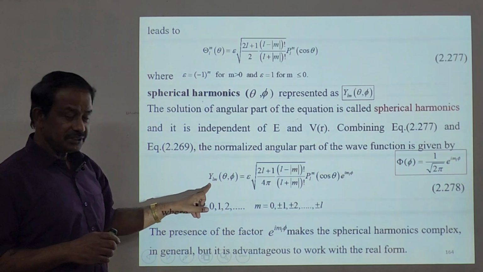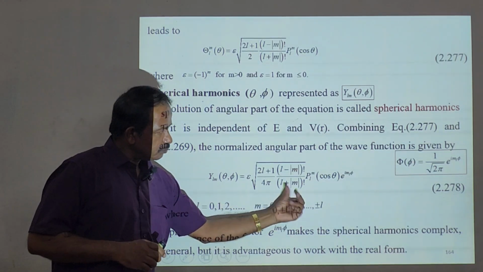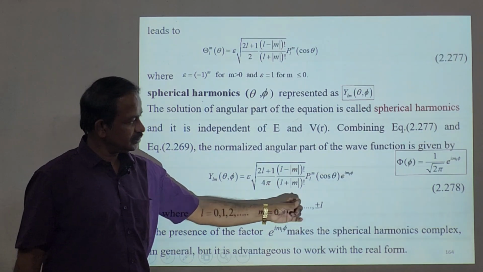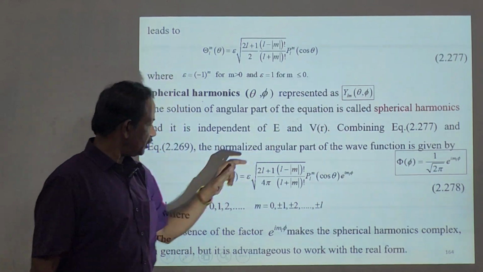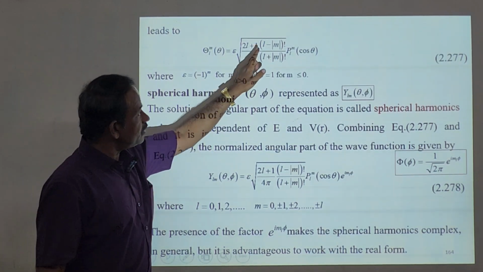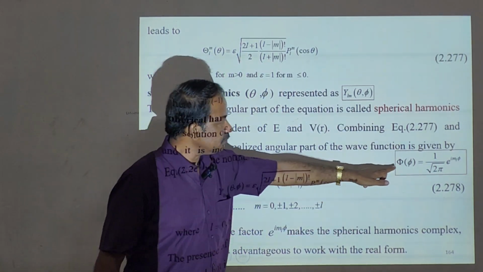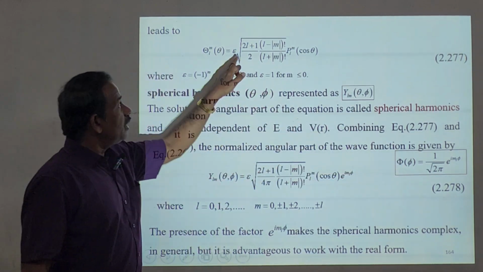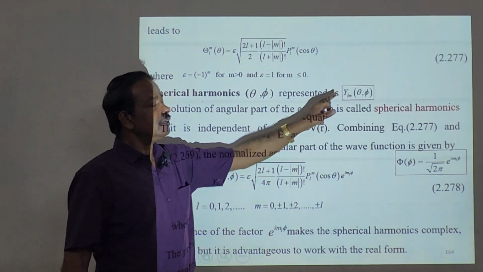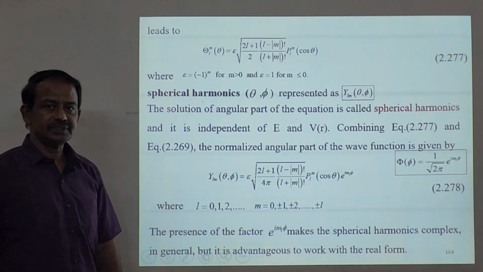Which is nothing but your theta part multiplied by the phi part. This is your angular part, which is nothing but Y_LM(theta, phi). Is it okay? You are going to multiply this and this. The product of the wave function of the phi part and the theta part will give you the complete solution for your spherical harmonics, which is nothing but Y_LM. Is it okay?